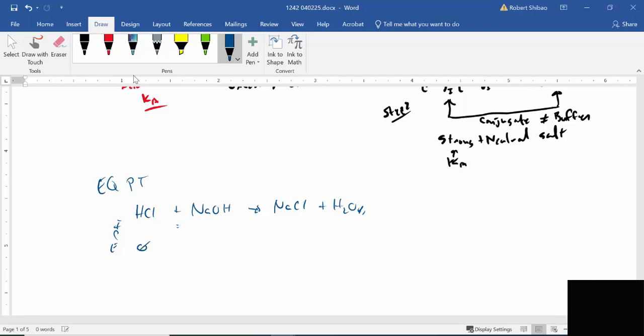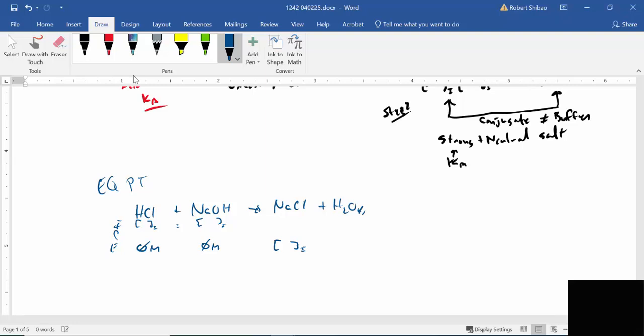In other words, we have stoichiometric quantities, so we're going to have no limiting and no excess reagent. Being stoichiometric, it's going to end up at 0 and 0. And so the initial HCl is equal to the initial sodium hydroxide, which is going to equal the equilibrium sodium chloride.